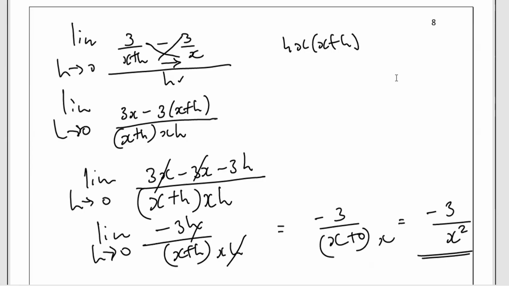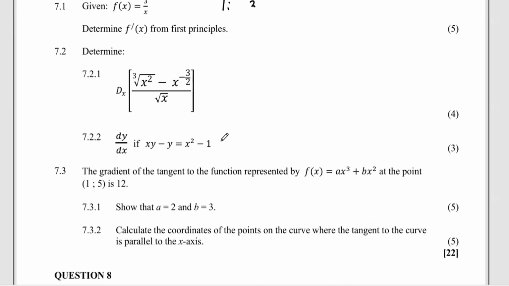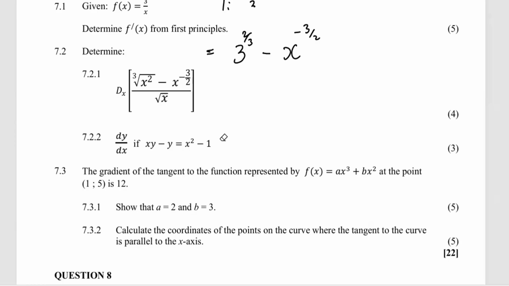Okay, so that is how we would have approached that first part of question 7.1. Then 7.2, they want us to find the dy/dx of this. So split this up as you change the exponents. So this is going to be 3 to the exponent 2 over 3 minus x to the negative 3 over 2. Why am I saying 3?